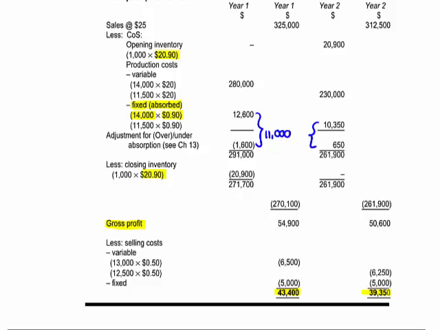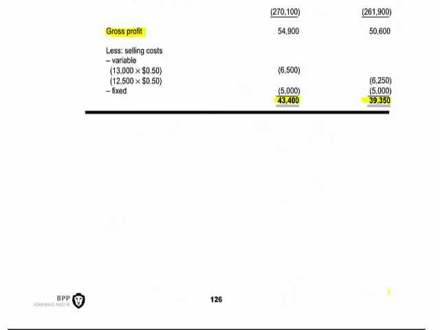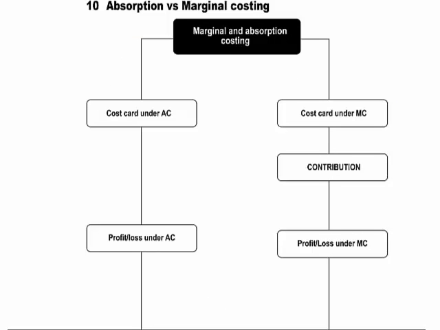The eagle-eyed amongst you will notice that the absorption costing profit and loss is different to the marginal costing. And we're going to look at reconciling those figures under absorption costing and marginal costing now. So the cost cards are different under absorption costing and marginal costing because of this idea of calculating contribution under marginal costing and working out the full production cost under absorption costing.